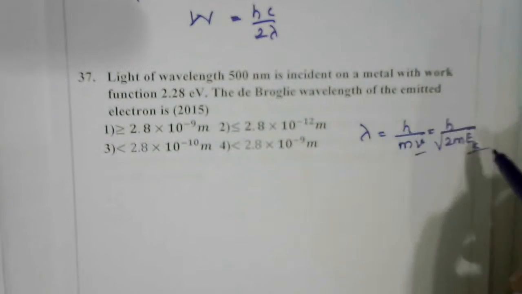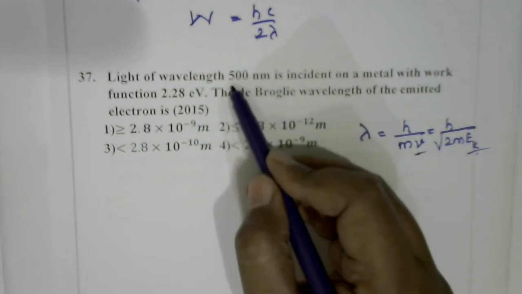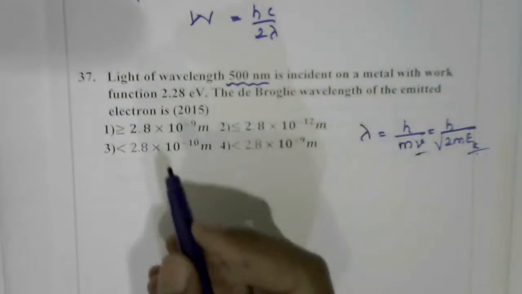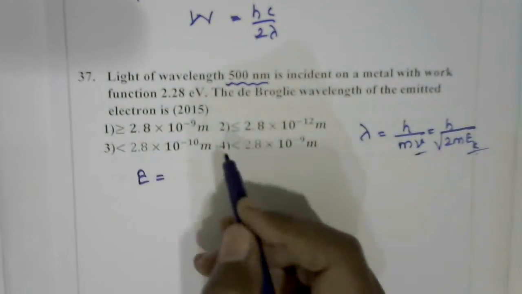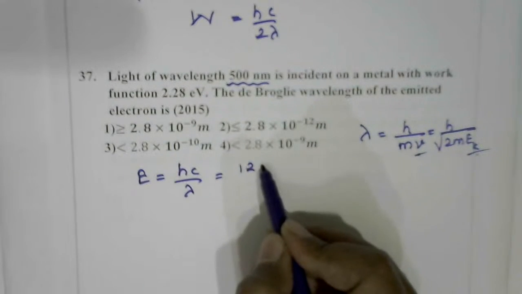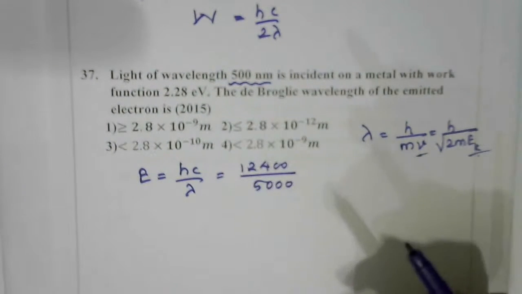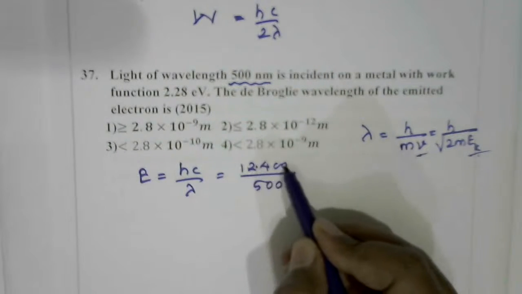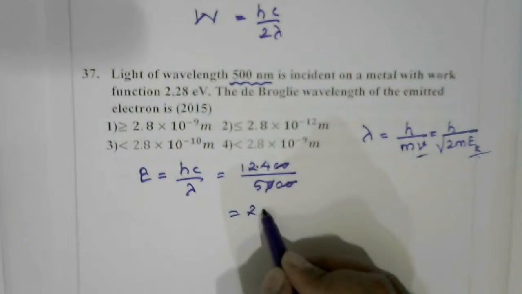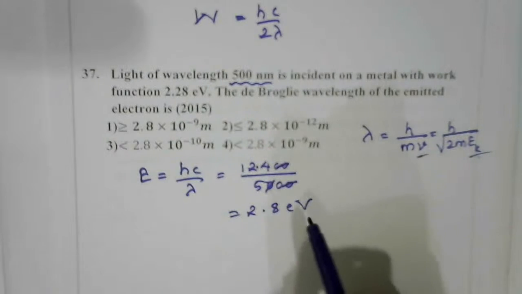So you need to first get your kinetic energy or the v value. I was telling you that you can go in terms of electron volt. So if this is the incident, how will you calculate in terms of electron volt? hc by lambda, I can take this in terms of angstrom and write 12,400 divided by 5,000.